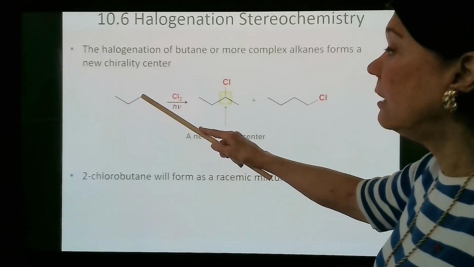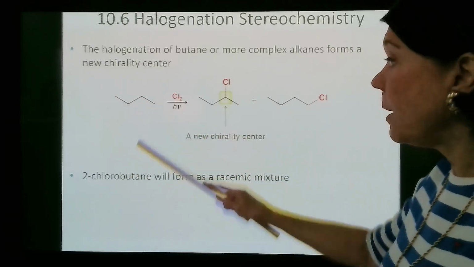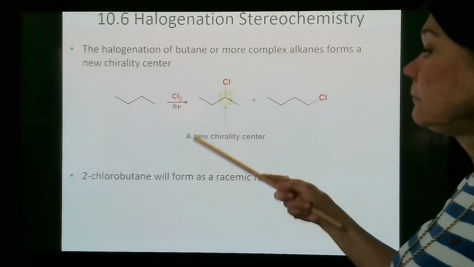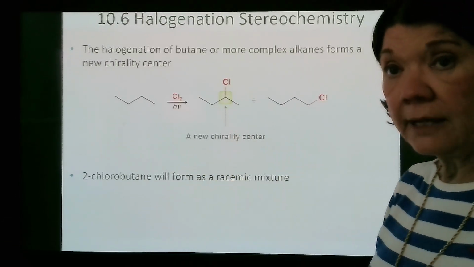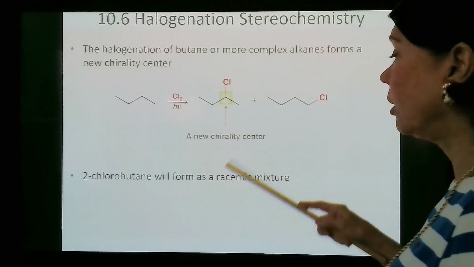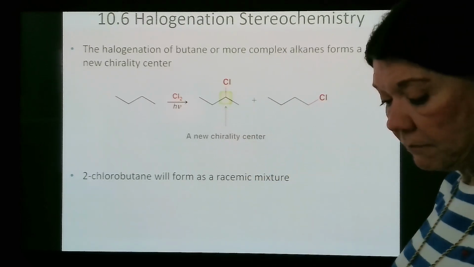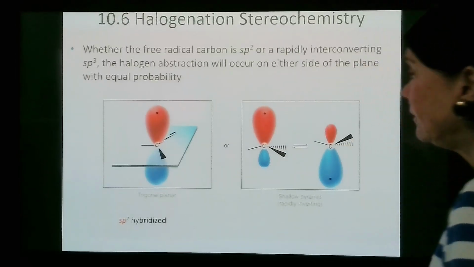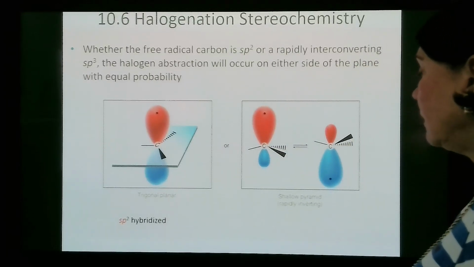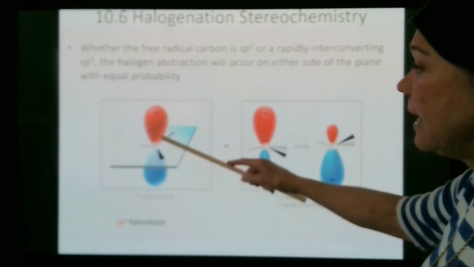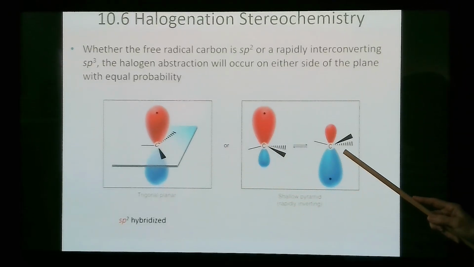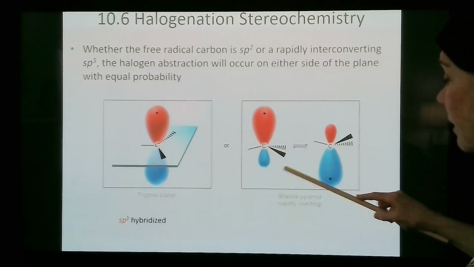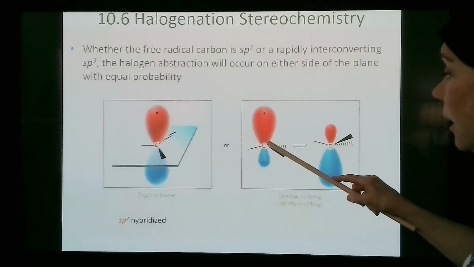And since the radical that's formed at that position is almost planar, and you should consider it to be planar, that means that you're not going to generate any chirality. You're going to have a racemic mixture there. It's going to be a 50-50 mixture. This explains why. You can consider it to be sp2 hybridized, or you can consider it to be a shallow pyramid, which is rapidly inverting.